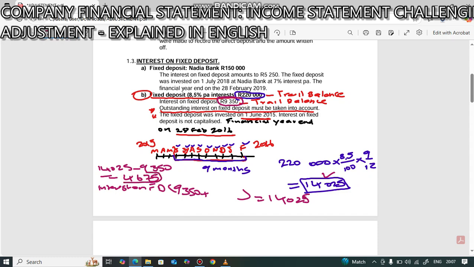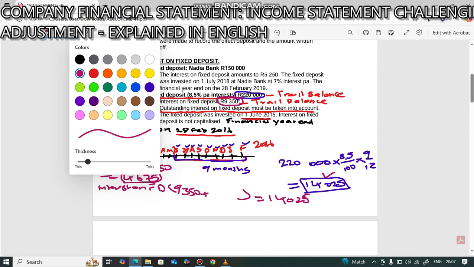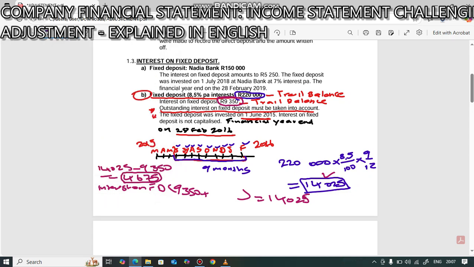This is the outstanding interest that was not received during the financial year, so we are going to add this amount here as an accrued income, 4,675. Okay, that's it. That is how we calculate the interest on fixed deposit when we are given such information.